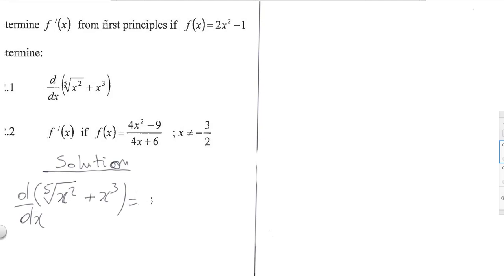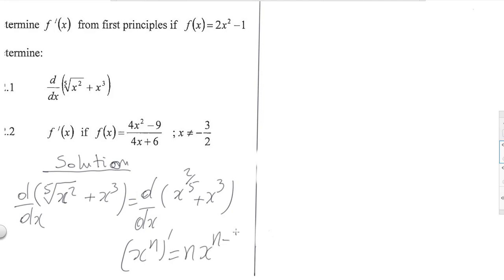To make it simple, you have to remove the square root, d over dx of, so it will be x to the power 2 divided by 5, plus x cubed, okay? So now this became a formula where you have a derivative of x exponent n, which will be n x to the n minus 1.